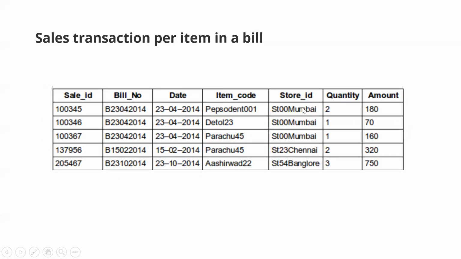The sales ID, bill number, date, item code, and store ID are several foreign keys. Quantity and amount are the main measures. Here, we can say the grain of the table is sales transaction per item in a bill.